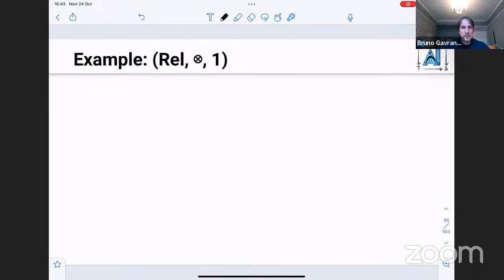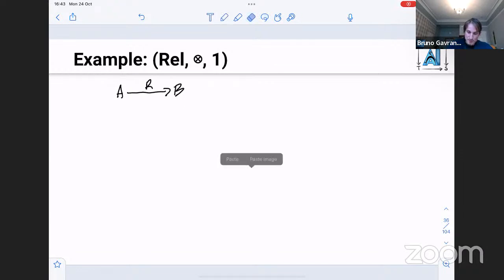Another example is the category of relations that we have seen. You might remember the category of relations. A morphism from A to B is a relation, which means an element might be related to another element, right? And this category has a monoidal product defined as follows.